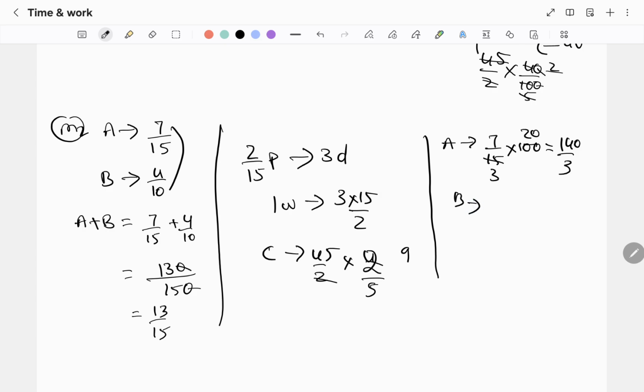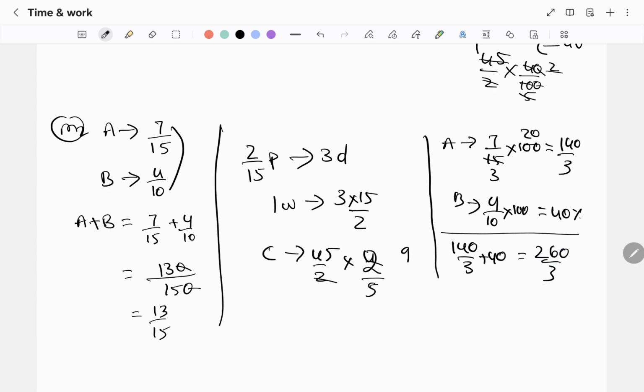B: 4 by 10. He worked 4 days out of 10 days into 100, that will be 40%. Means the remaining, C has to complete. Add these both, taking the LCM: 140 by 3 plus 40 becomes 260 by 3.